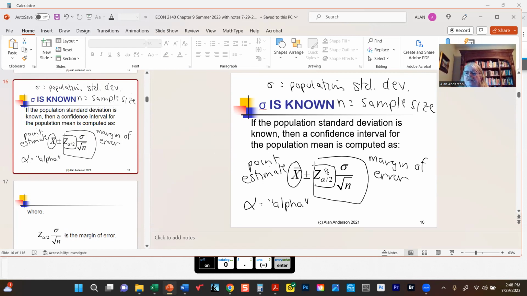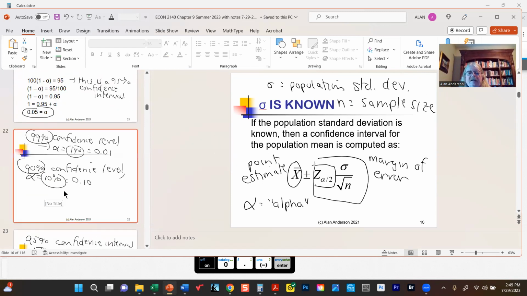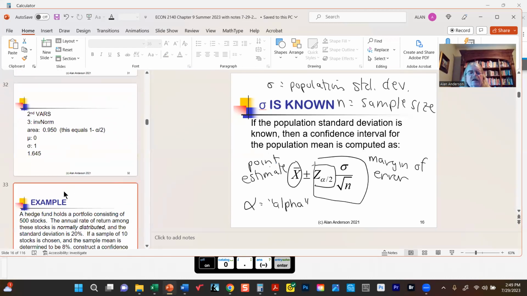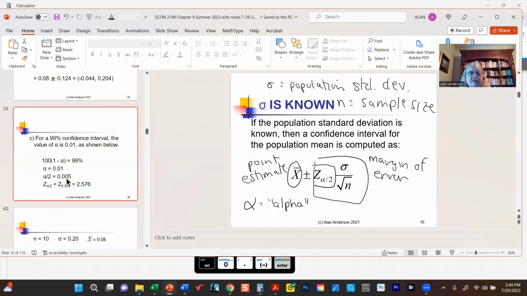Everything else is already in the problem. But in spite of that, you'll be happy to see when we get to that point, the calculator also has a shortcut formula for calculating confidence intervals for the population mean. But we have to be careful how we apply this formula. Okay, so that's what's coming next.